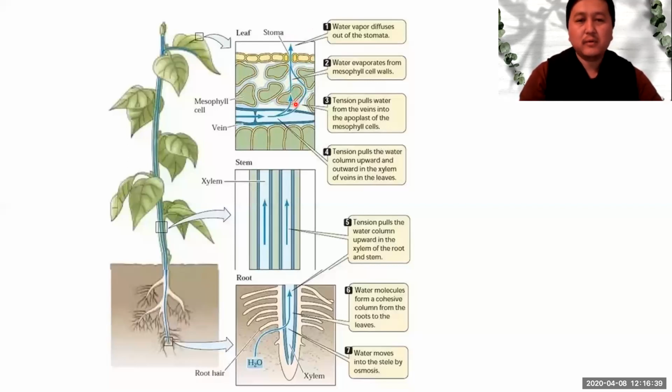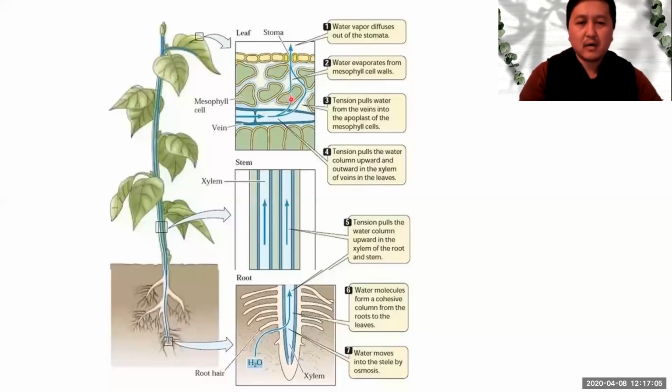This wet film of water moves into these free places, and it causes water to move from the xylem to the cell surface to replace the evaporated water molecules, and it causes tension.